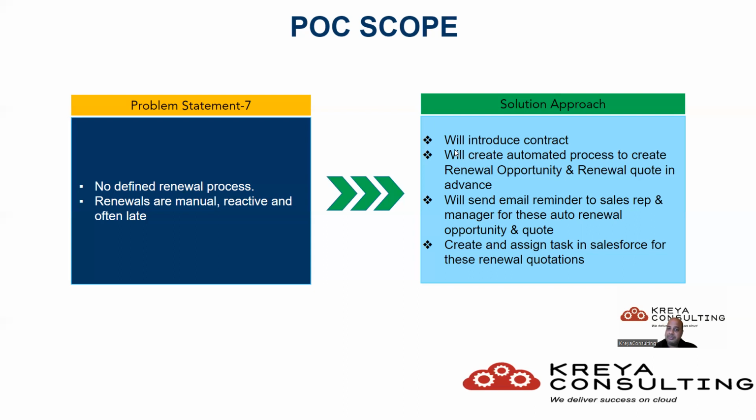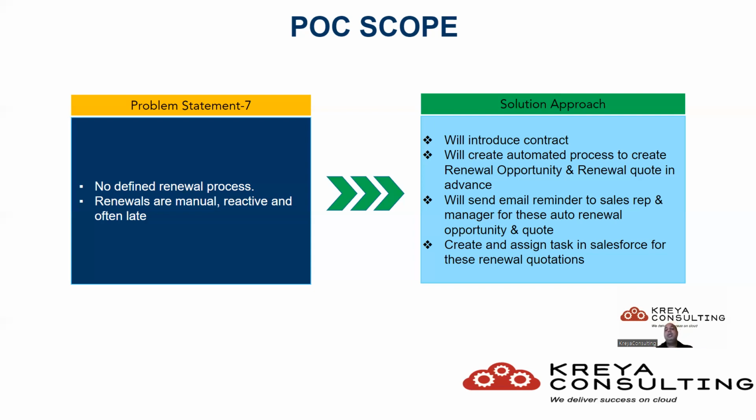Of course, what I'm saying is you have to introduce a contract. You'll have to create an automated process to create a renewal opportunity and a renewal quote in advance. You have to send an email reminder to your sales rep and their manager to notify them that this renewal opportunity is created, this renewal quote is created, please go and do the needful.